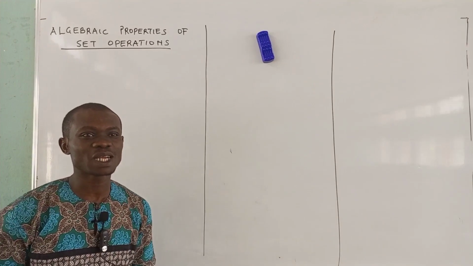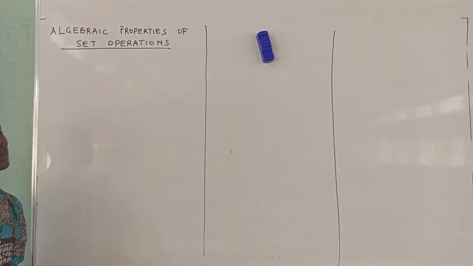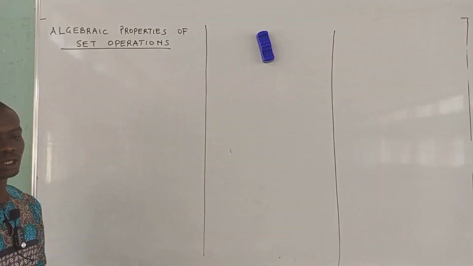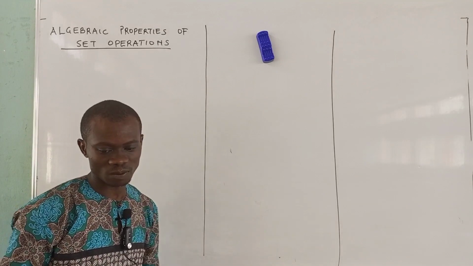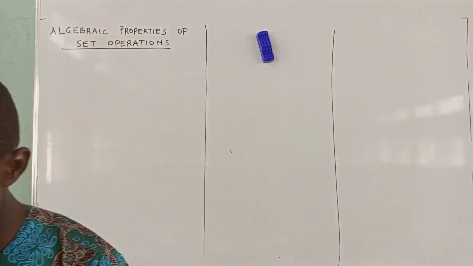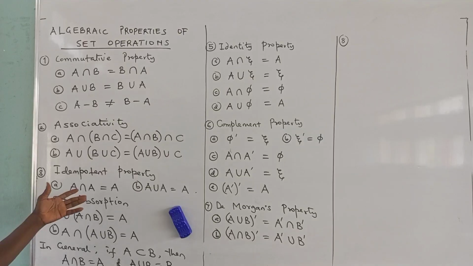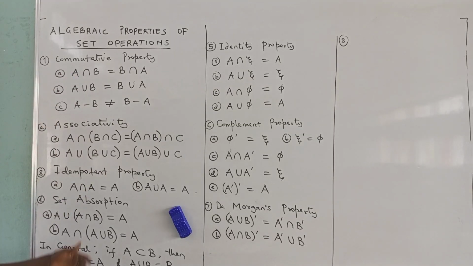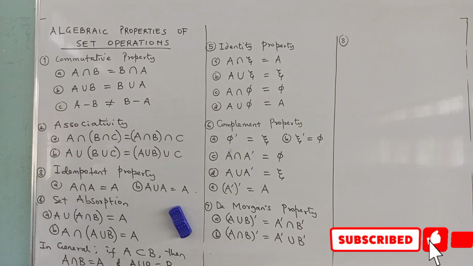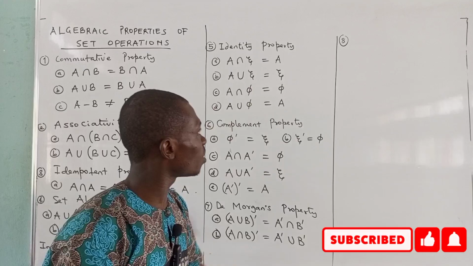Next is to look at some basic algebraic properties of set operations. Let's see them. Some of the algebraic properties of set operations. We have a list here, not exhaustive. There's another one we're going to talk about.